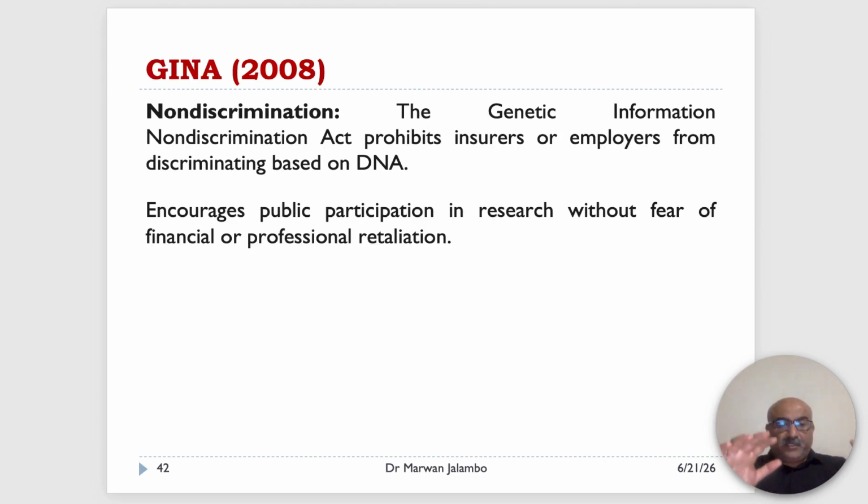To prevent the discrimination seen in the 1970s, federal legislation was required. In 2008, the United States passed GINA, the Genetic Information Non-Discrimination Act.